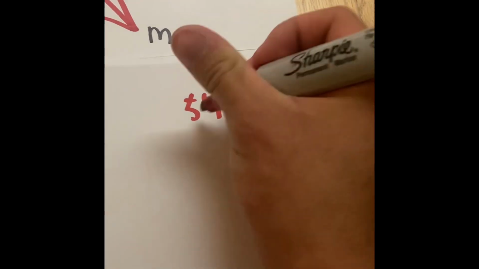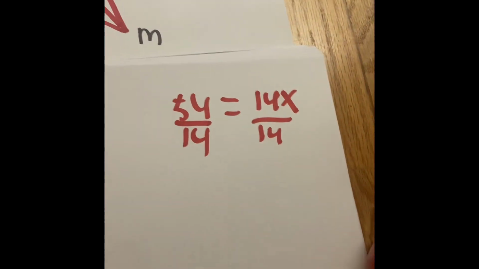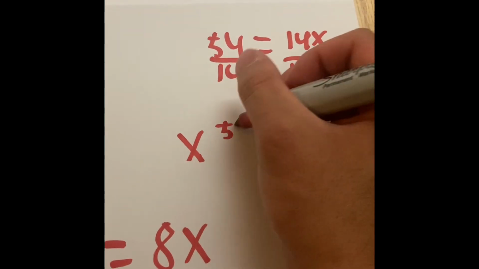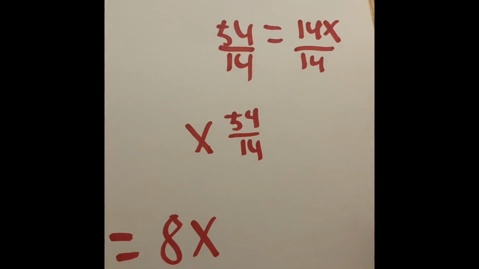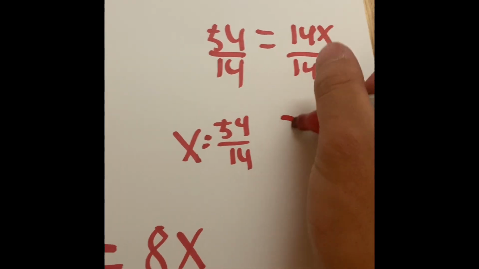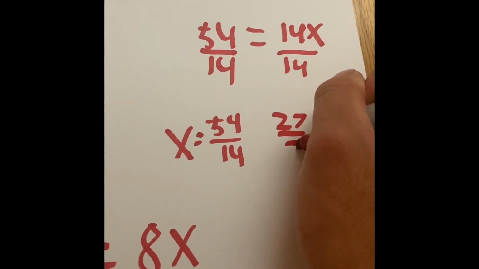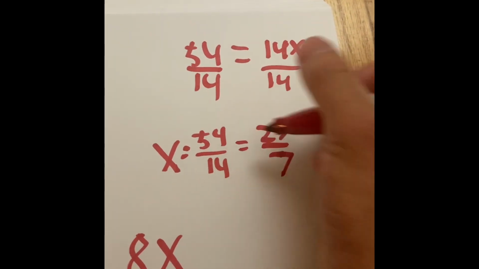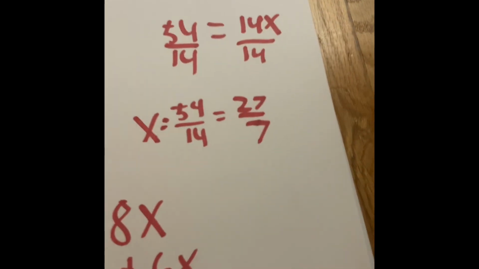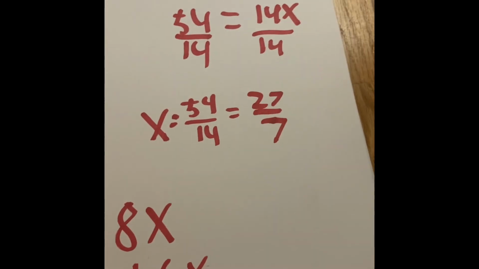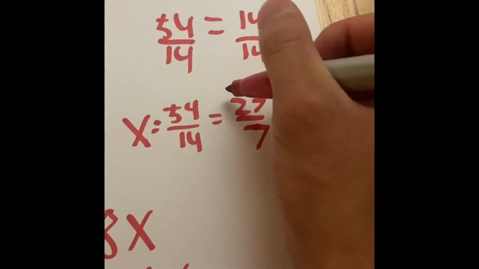Divide by 14 on both sides, and X is 54 over 14. We can simplify that to 27 over 7. The reason why is we don't want decimals. In high school, your teacher will not allow decimals. So that is our answer for X.